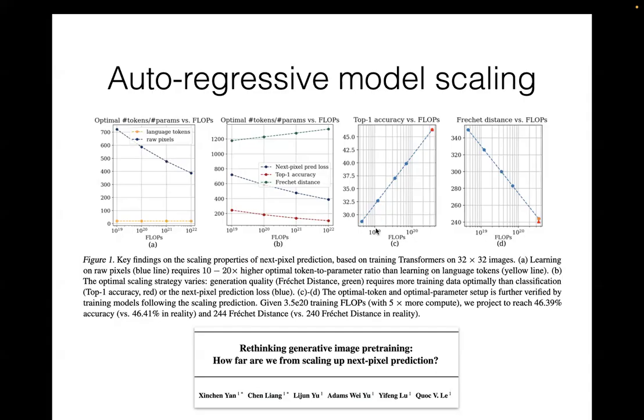But they did find that, as you scale up compute, the models were getting better. Here you see classification performance using the representations. Then this, where lower is better, is looking at the generative performance. And this is looking at the loss.